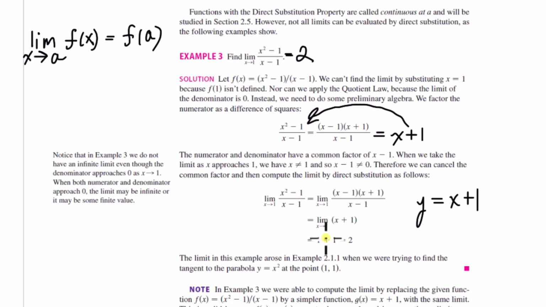Everything else was equivalent, right? The only difference between x squared minus 1 over x minus 1 and x plus 1 is what the function is doing at the value x is equal to 1, which is the limit value here.